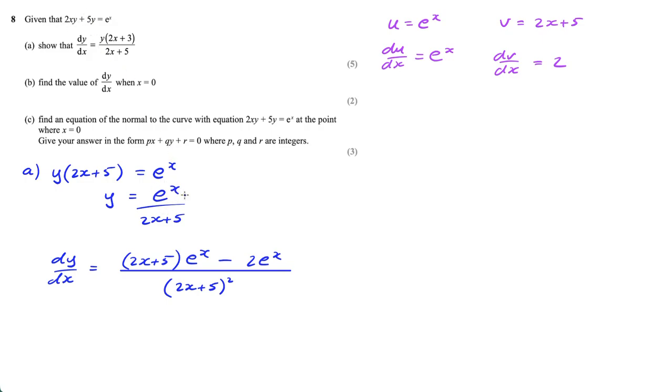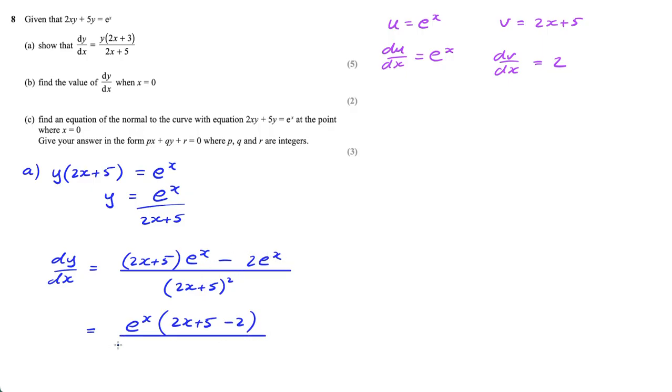Now, remember, y is this thing here. So what we can do is, okay, I can see how this works. We can take out an e to the x on the top, which gives us up here 2x plus 5, and then minus 2, because I've factorized out the e to the x on the top.